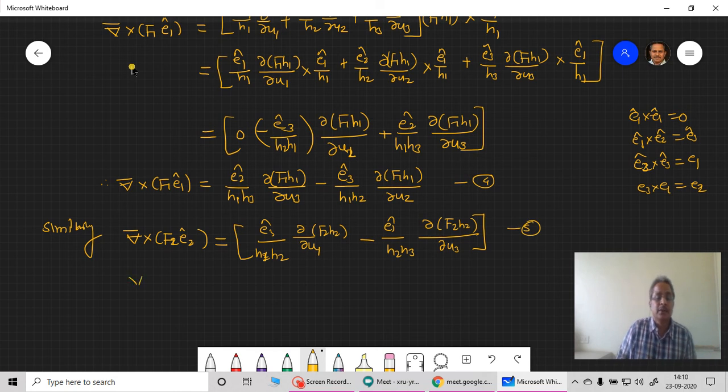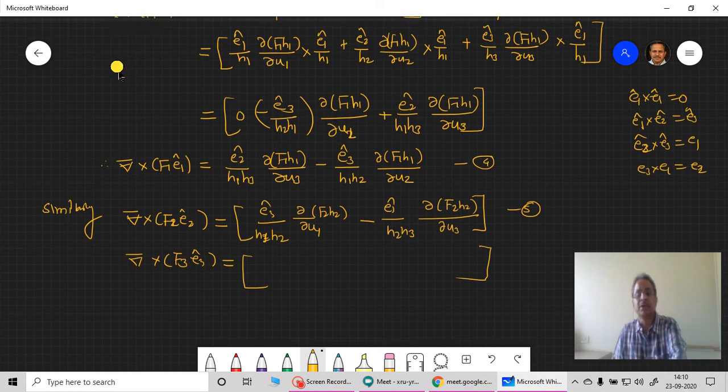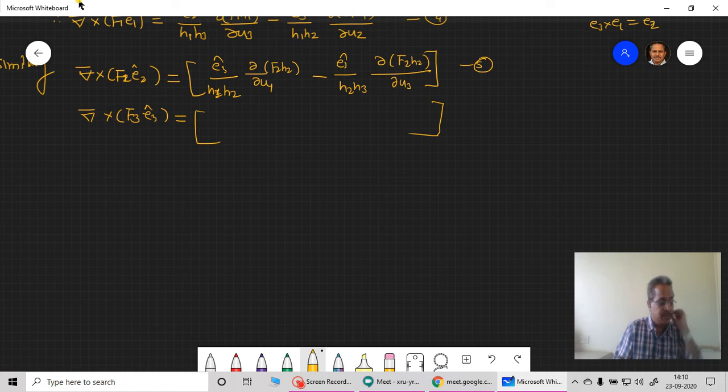And the last one, that is del bar cross the third component and third unit vector F3 into E3 cap, that is equal to, of course remember you can get all these derivations, but that is not needed. We can go for that type of derivation and we get something very special. So the third component is given by E1 cap upon H2 H3 into dab of F3 H3 divided by dab U2 minus, so in these three brackets, one term is positive, one term is going to be negative.